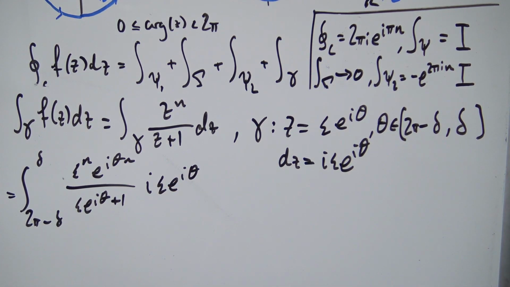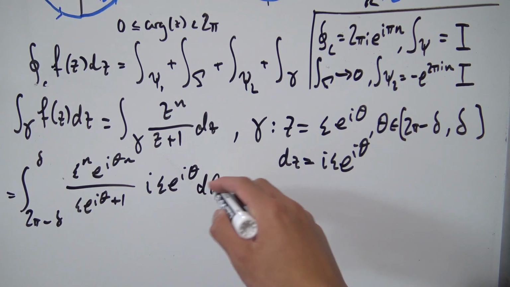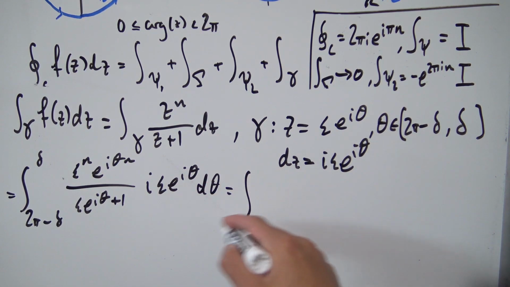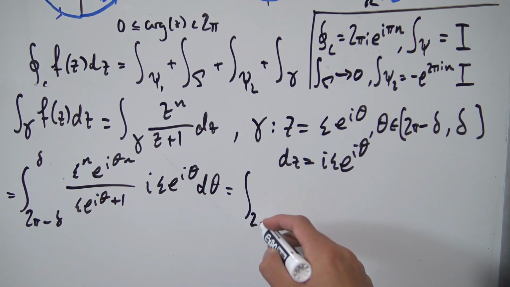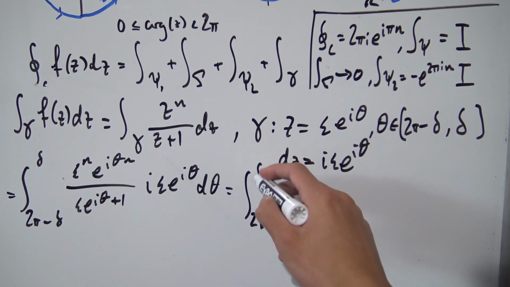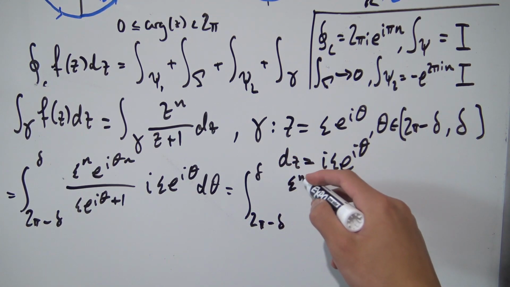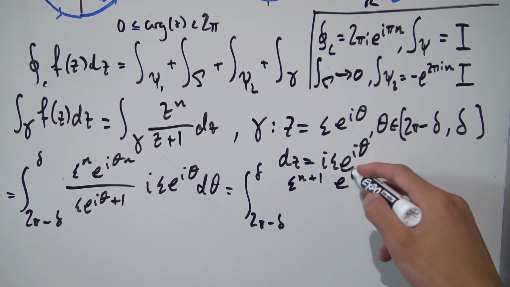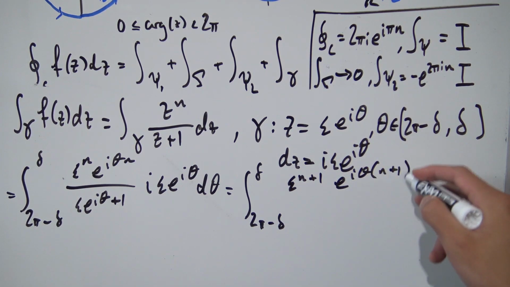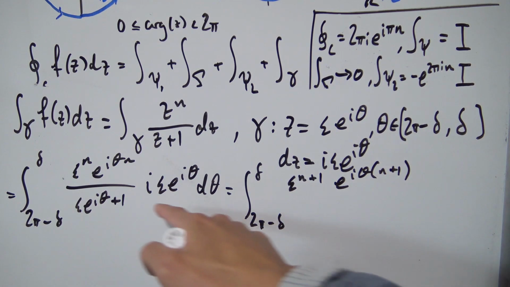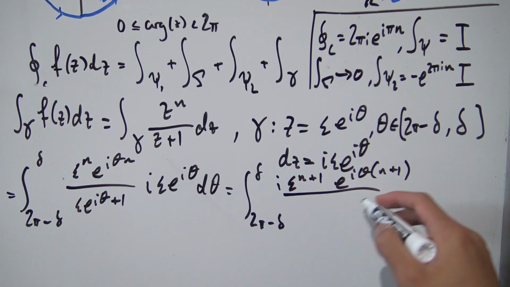And we can combine a couple things right here, because we have these epsilons. So we have the integral 2 pi minus delta to delta of epsilon to the n plus 1 e to the i theta times n plus 1 like so. And we also have this i, let's just chuck it right there for now.